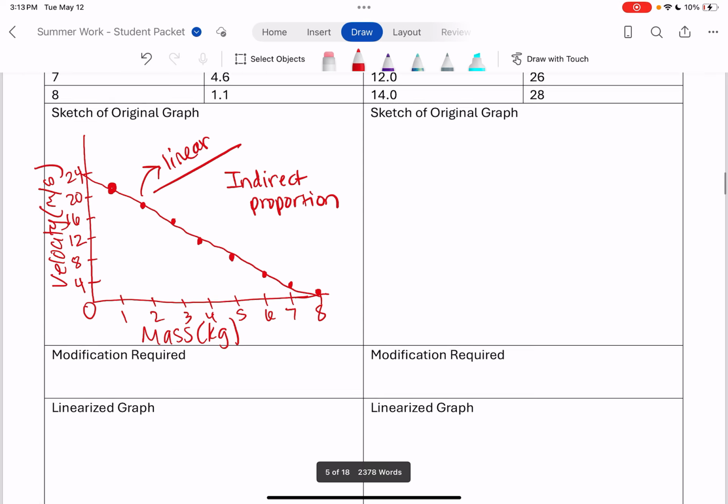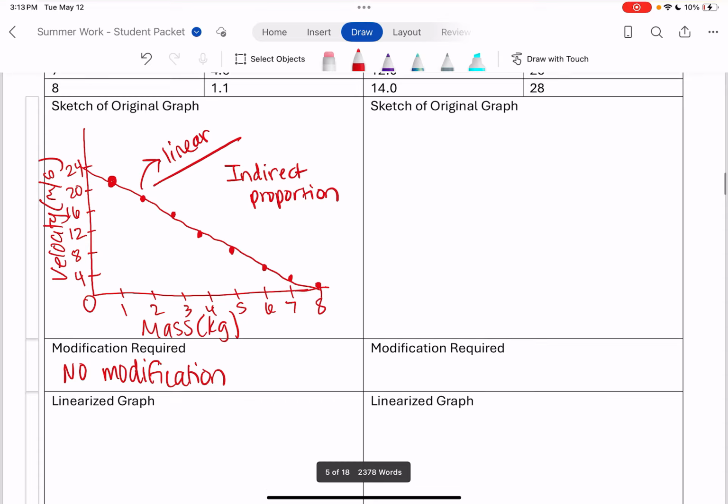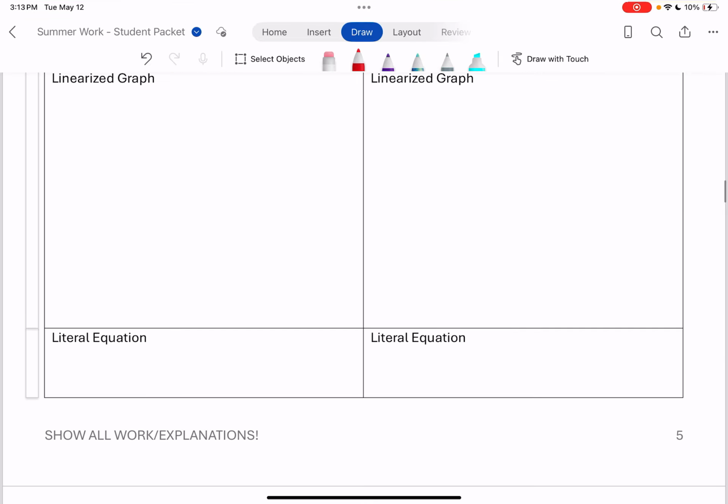So there's no modification required because it is already linear. None of the others should be like this. All of the others should have some type of modification. But since this is no modification, let's go ahead and write the equation.